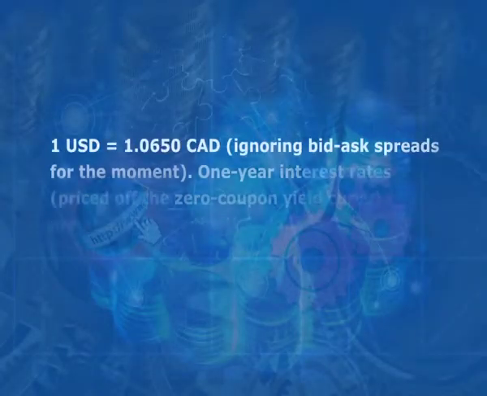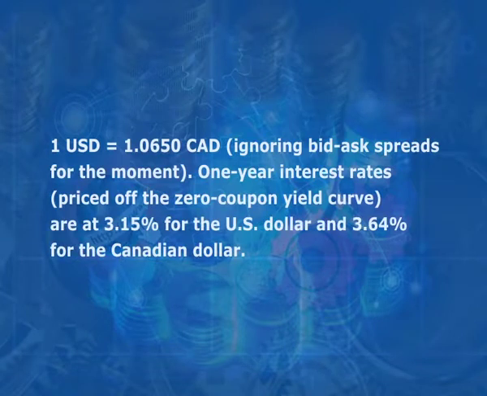Suppose that the spot rate for the Canadian dollar is presently 1 USD equal to 1.0650 Canadian dollar, ignoring the bid-ask spreads for the moment. 1-year interest rates, that is priced off the zero coupon yield curve, are at 3.15% for the US dollar and 3.64% for the Canadian dollar.